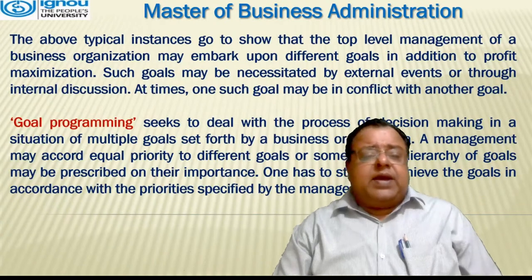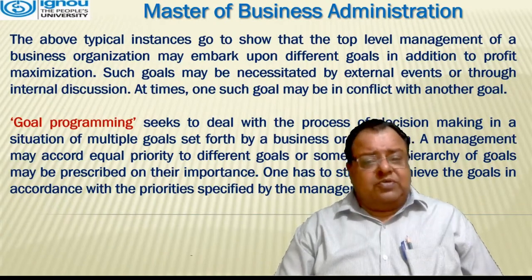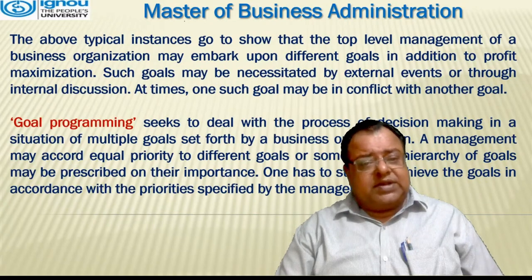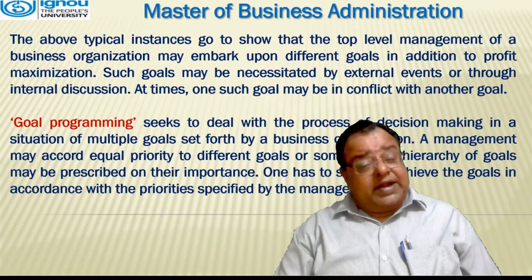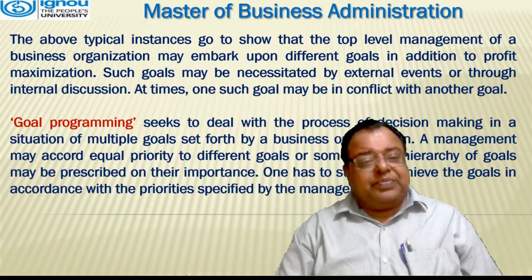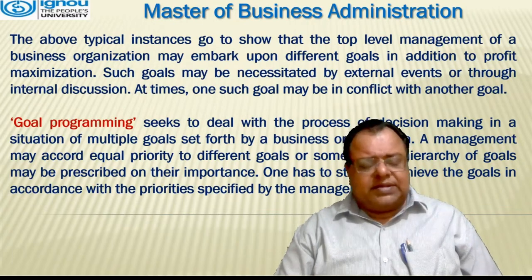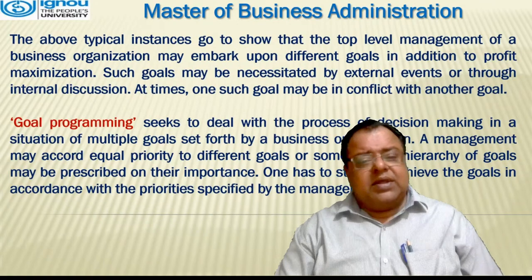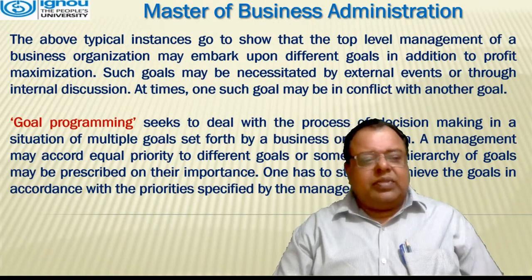The above typical instances go to show that the top level management of a business organization may embark upon different goals in addition to profit maximization. Such goals may be necessitated by external events or through internal discussions. At times, one such goal may be in conflict with another.